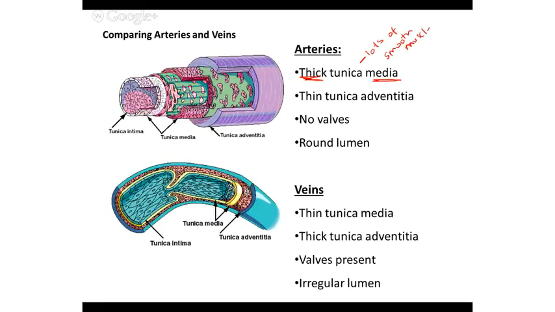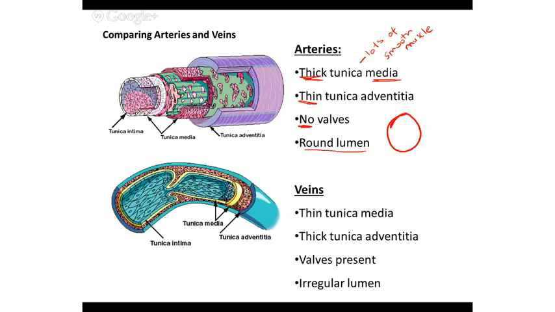Under the microscope, the wall is going to look really thick because it has lots of smooth muscle. The adventitia, the connective tissue layer, is very thin. You never ever find valves in our arteries, and the lumen under the microscope is going to look perfectly round, because remember, it's got that thick muscle wall.